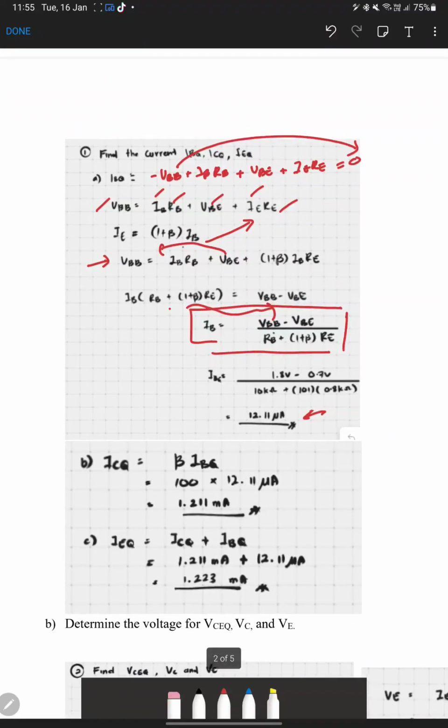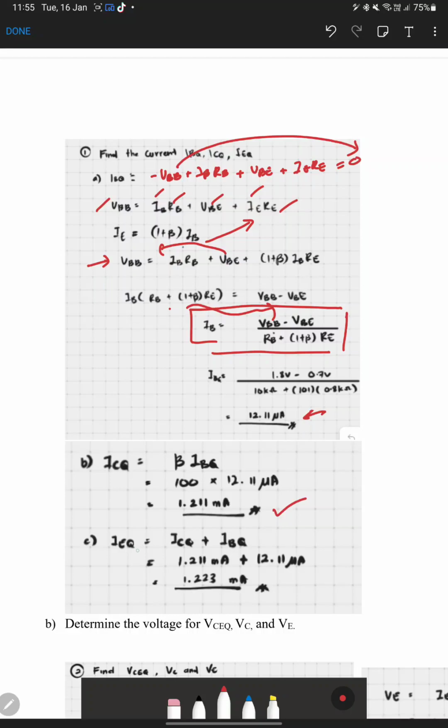So after settling the calculation of IB, now we can compute IC by using the formula beta IB. So just times the 100 beta, our multiplication, the beta gain of the transistor is 100. So 100 times 12.11 micro, we got 1.22 milli for the IC.